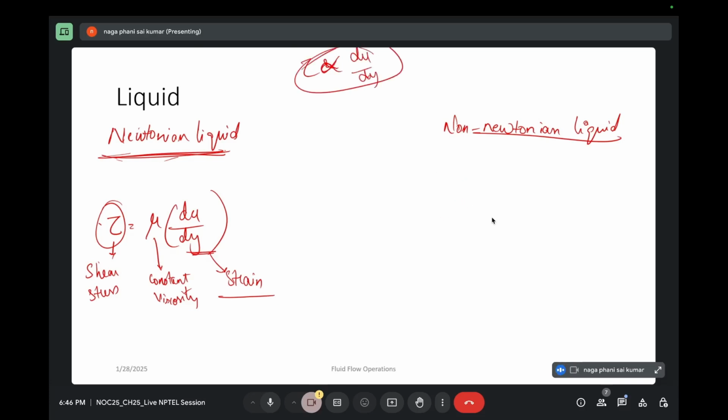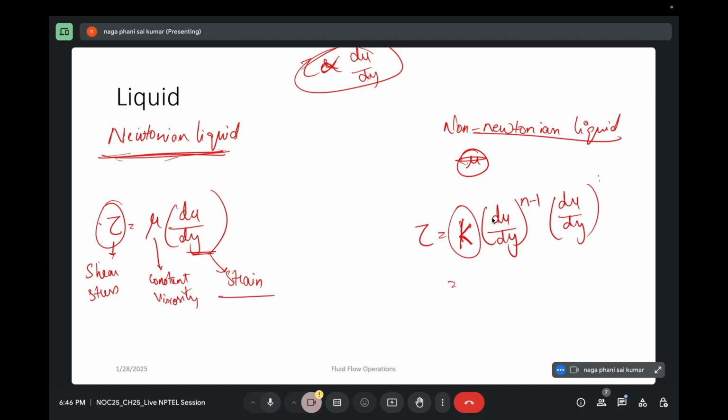One more thing, these fluids exhibit time dependent viscosity, so it will keep changing. So instead of mu, we'll be using K, and this can be clubbed into one term, that is apparent viscosity.